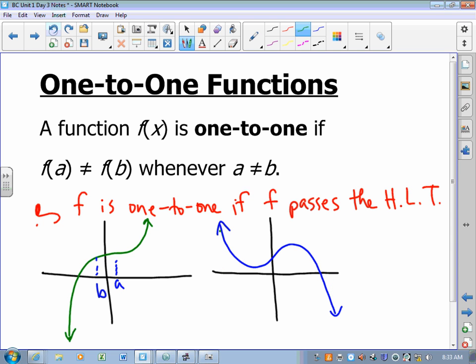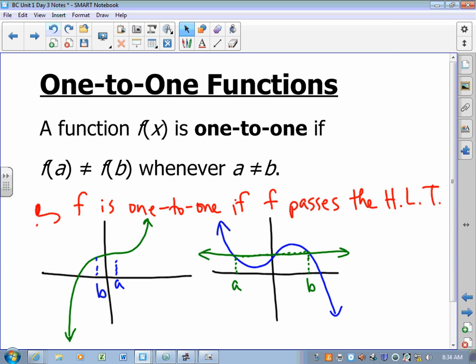But if I pick a here and b here, then f of a and f of b are the same thing. In fact, f of a and f of b give us that horizontal line that hits the graph more than once. So if I can draw a horizontal line that hits the curve more than once, then I can find values a and b so that f of a is equal to f of b even though a is not equal to b, and so we fail the one-to-one test.